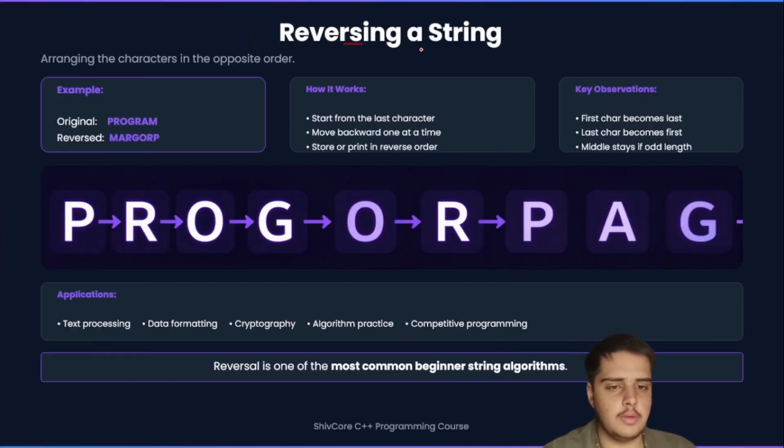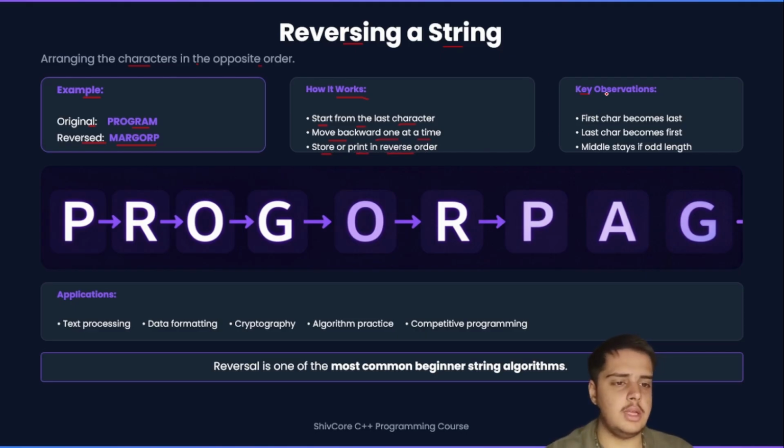So, reversing a string means arranging the characters in the opposite order. Example: if the original is program, the reversed string is simply the reverse of it. How it works: start from the last character, move backward one at a time, and store or print in reverse order.